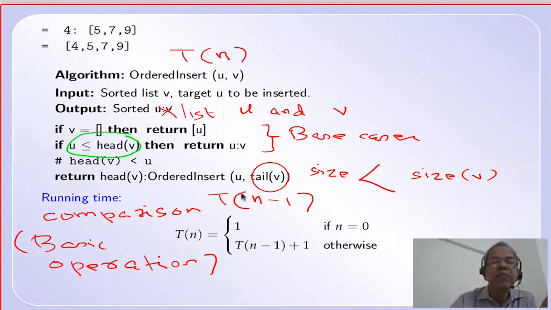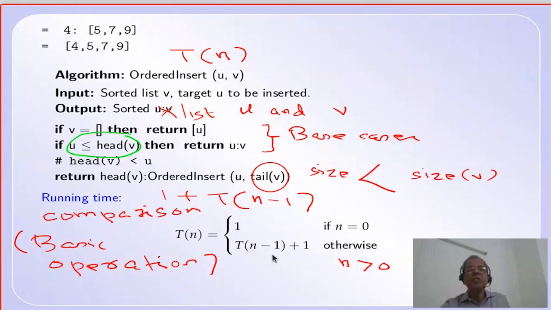The running time is T of n minus 1 plus 1. The 1 is the number of comparisons. One call of the algorithm does only one comparison, plus the time taken by the recursive call. The time taken by the recursive call is T of n minus 1. That is what we have written here. If n is greater than 0, T of n is equal to T of n minus 1 plus 1.